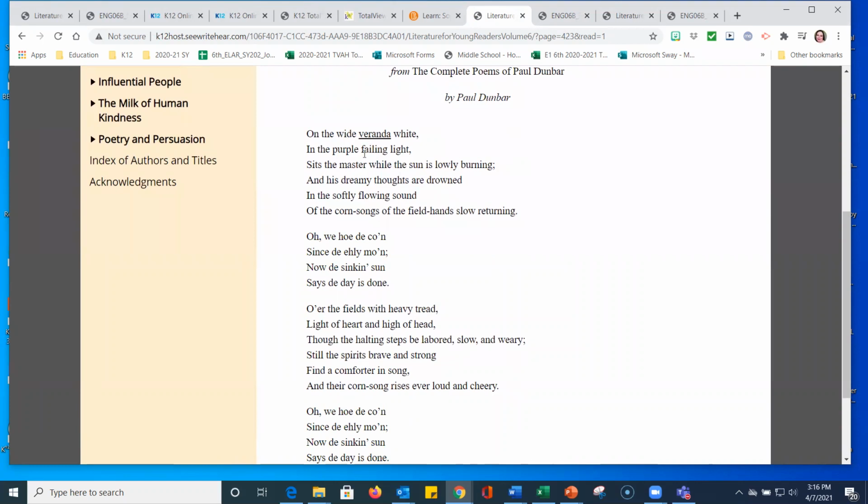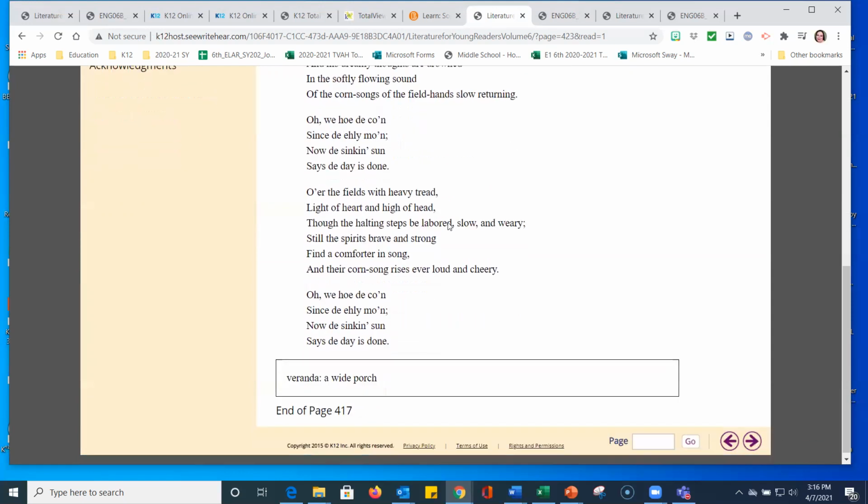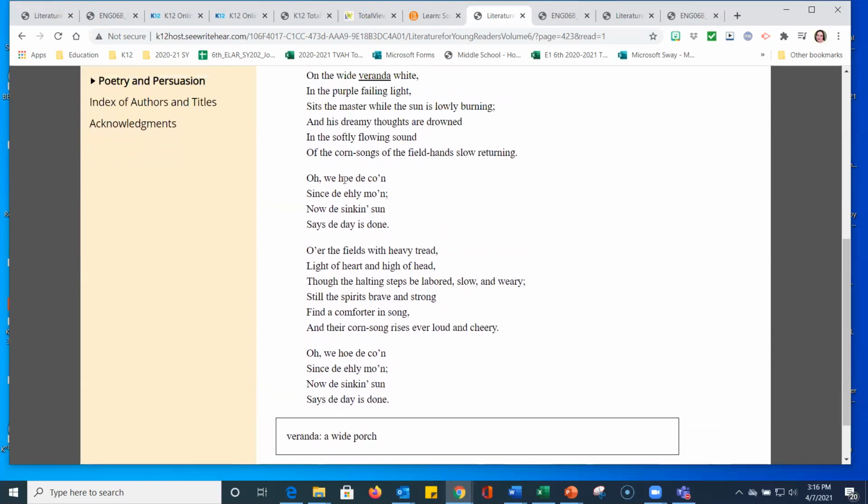On the wide veranda white, in the purple failing light, sits the master while the sun is lowly burning, and his dreamy thoughts are drowned in the softly flowing sound of the corn songs of the field hands slow returning. Oh, we hoed the corn since the dawning moon. Now the sinking sun says the day is done.